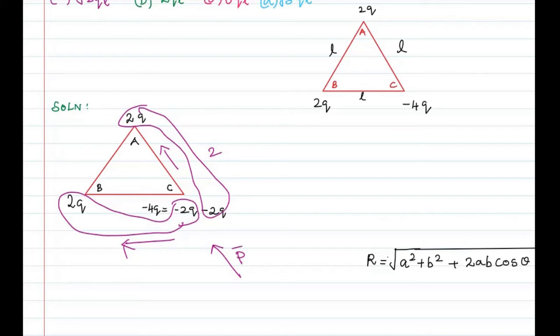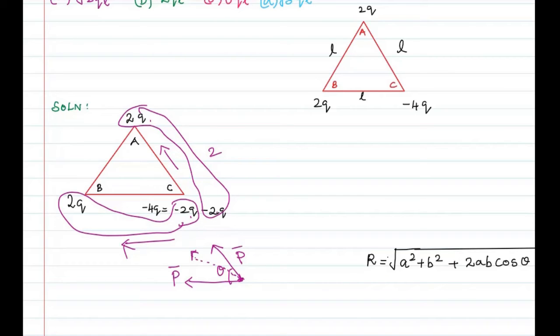For pair 1 it is from minus 2Q to plus 2Q, similarly for the other pair from minus 2Q to plus 2Q. Both are inclined at some angle. Now find the resultant vector.